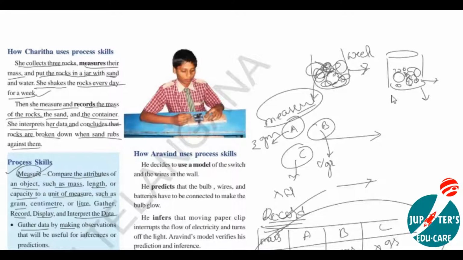The sand rubs against the rocks, because of that friction arises, and due to the friction the rocks are broken down and become small pieces. So that is the conclusion. Is it right? So here what process skill has she used? She used measuring, gathering data, recording and displaying in the form of a table. Is it right? Next one.